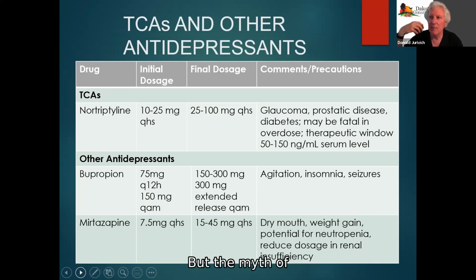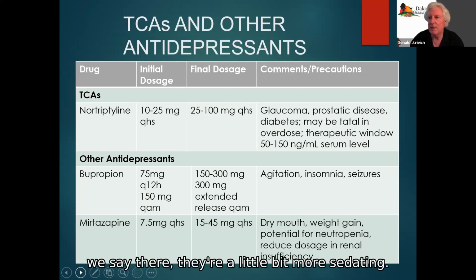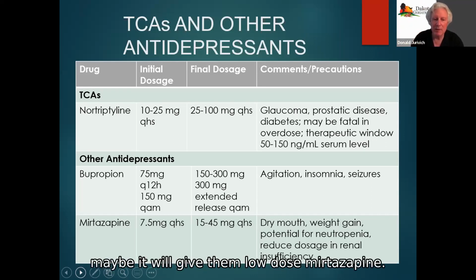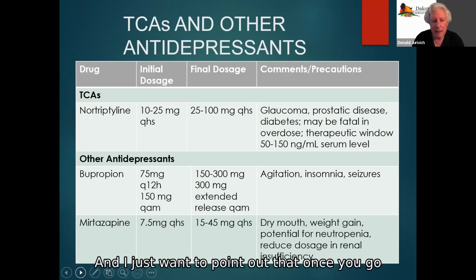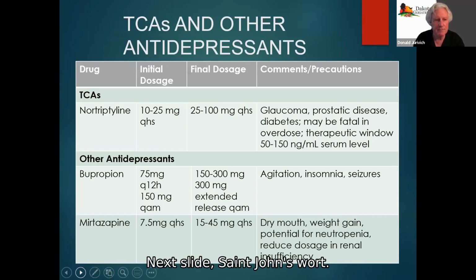But the myth of these medications persists, and even clinically, we say they're a little bit more sedating. So if somebody has problems getting to sleep at night, maybe we'll give them low dose mirtazapine. And I just want to point out that once you go beyond 30 milligrams of mirtazapine, you're not getting the sedative effects anymore. Next slide.